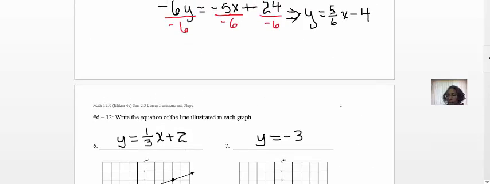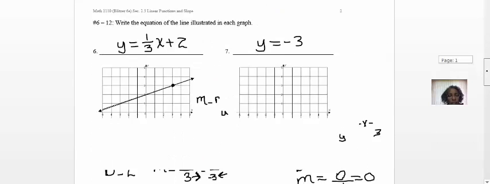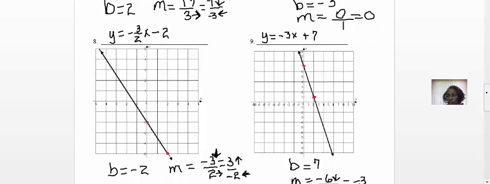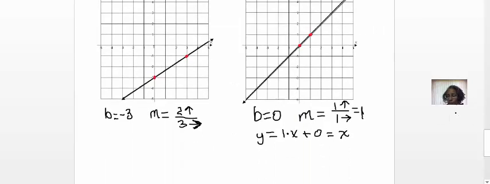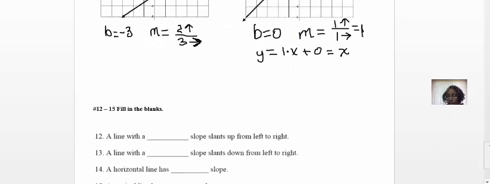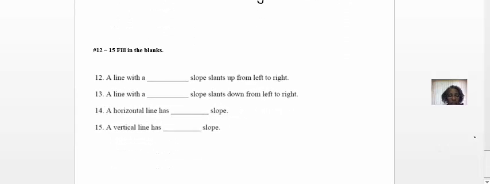And it looks like I should have said 6 through 11 here instead of 6 through 12. Sorry about that error. Finally, let's just fill in these blanks.